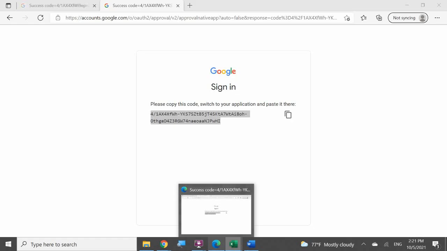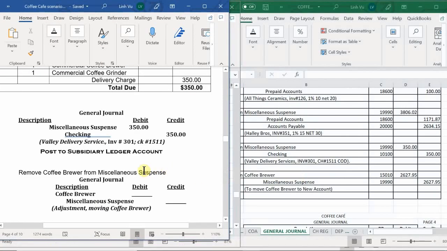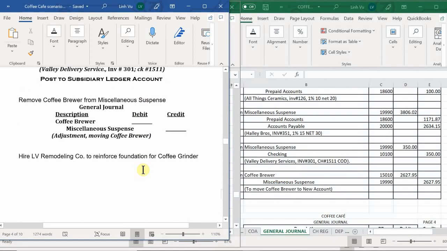So now we have to reinforce the foundation of the coffee grinder. Okay, so we hired somebody, right? That's all we did. Is there any transaction that we need to put in here? No, we don't record that on the subsidiary ledger.